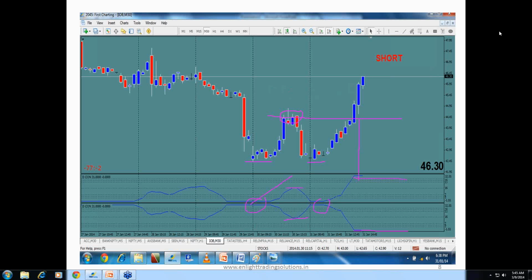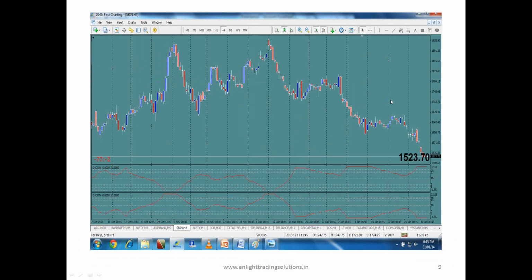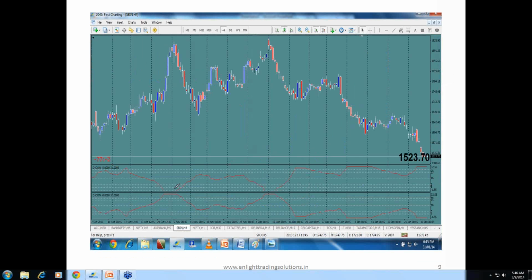In the same way, this is called sell convergence. If you see red lines converging together, that is sell convergence, and it happens at the high.